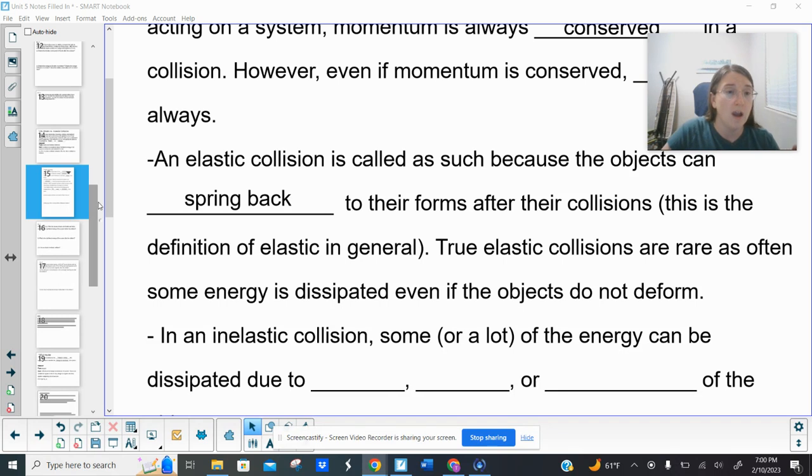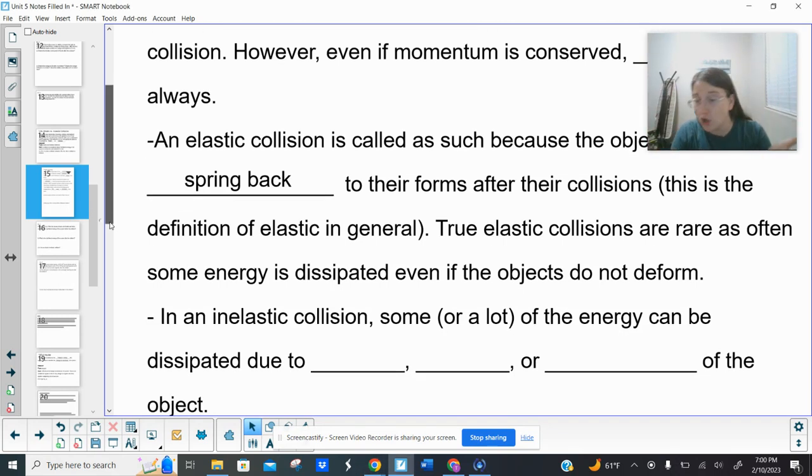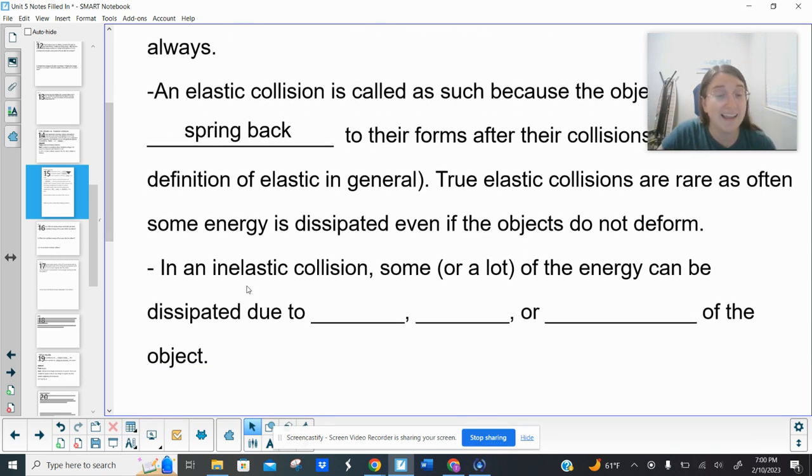So for example, where can this energy go if not into the object changing shape after the collision? Well, in a collision, some of the energy, or a lot of it, depending on the type of collision, can be dissipated as heat. Especially if this is a collision where they stick together, usually they're sticking together because of heat or being melded together.